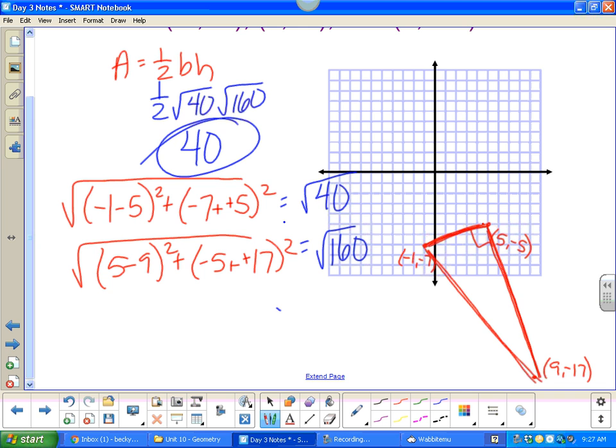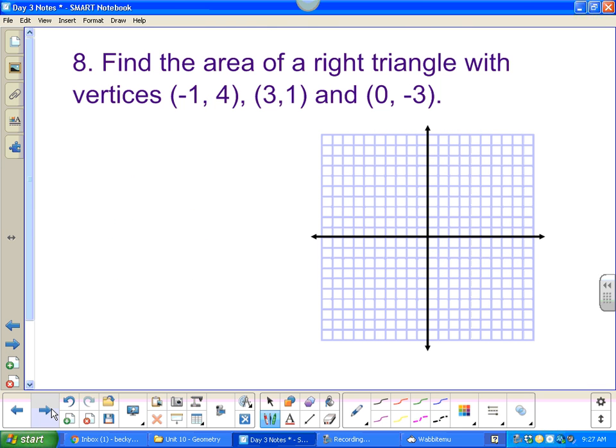Okay, last one. Same thing. Find the area. Area equals 1/2 base times height. Okay, plot my points. -1, 4. Right angle, which means I don't want him. I want this guy and this guy.